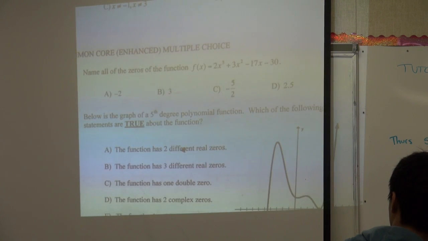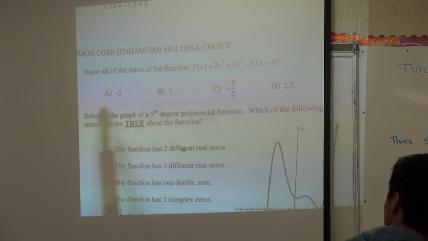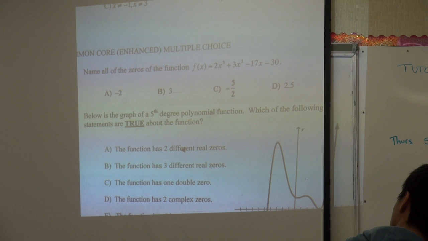These were Common Core questions with more than one answer. There are 3 zeros of the function. You would do synthetic division. I would do synthetic division on either the 3 or the negative 2. You'll find out that the first 3 answer choices work.